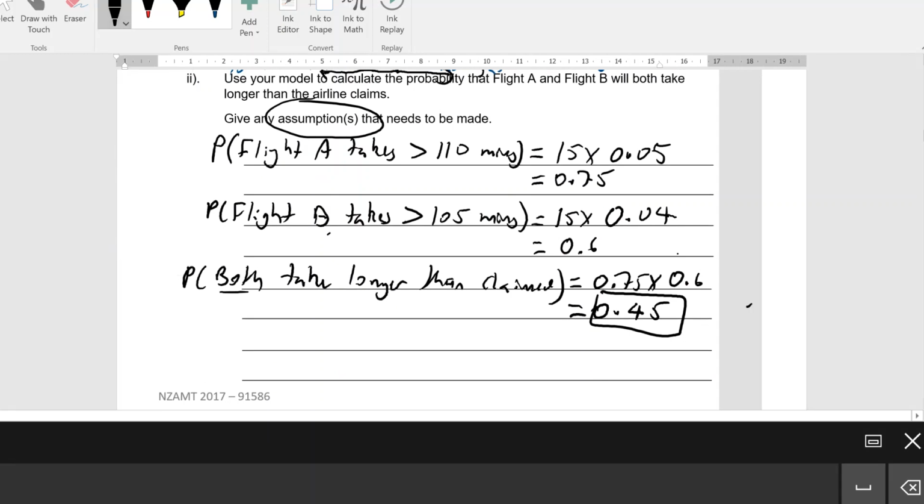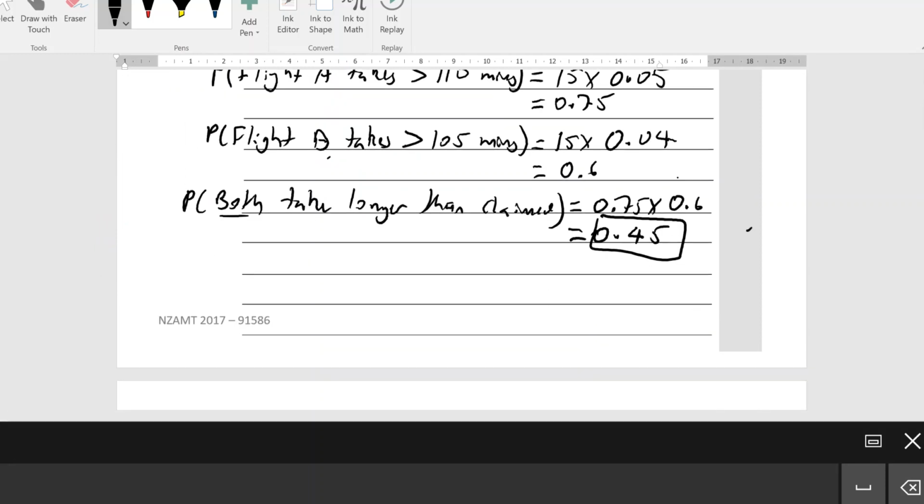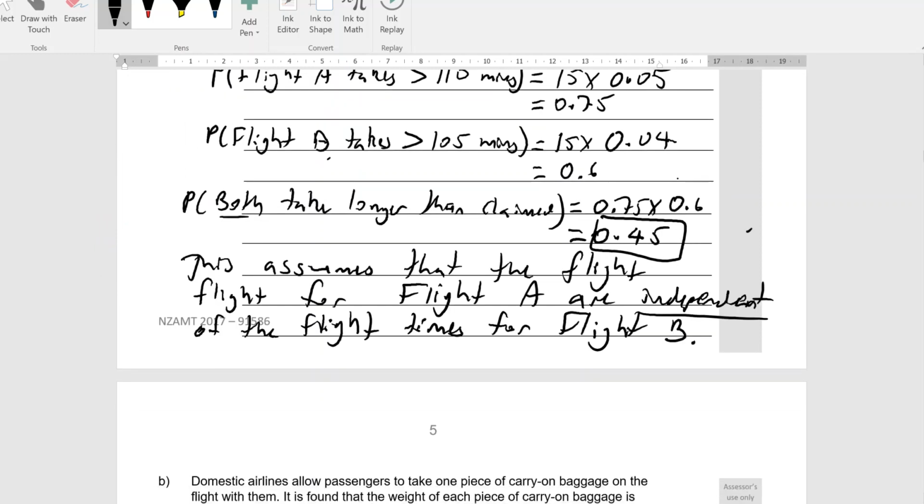Specifically, we're assuming that the flight times for flight A are independent of the flight times for flight B. Because when you multiply two probabilities to get the probability of them both happening, that assumes that the probability of the first event has no influence on the probability of the second event.